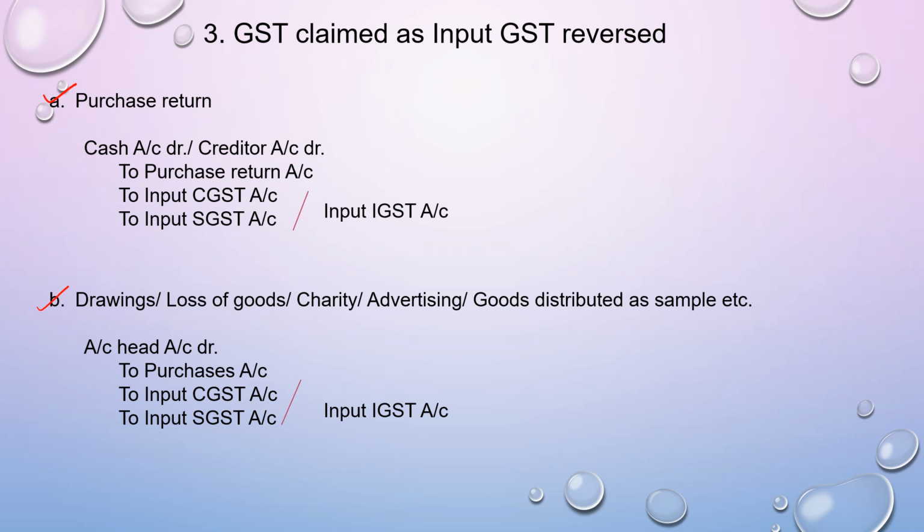Therefore, you will have to reverse the GST associated with that purchase which is no longer available. So these are the circumstances in which we are going to be reversing the GST which was paid in the purchases, so that you cannot claim this input GST as a credit against the output GST which is being collected when you make the sale.